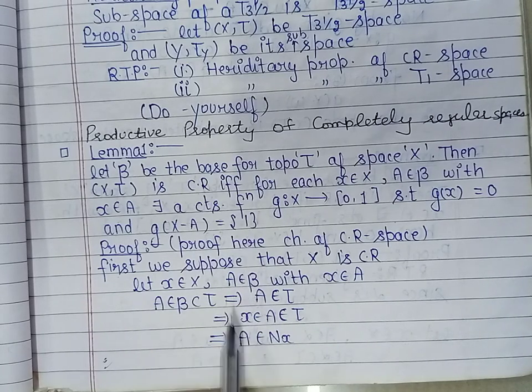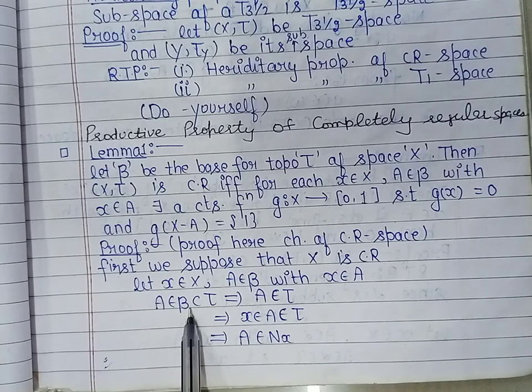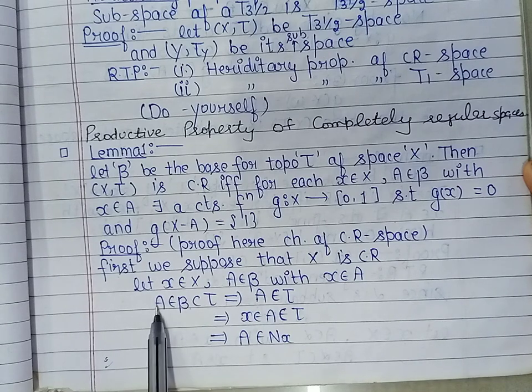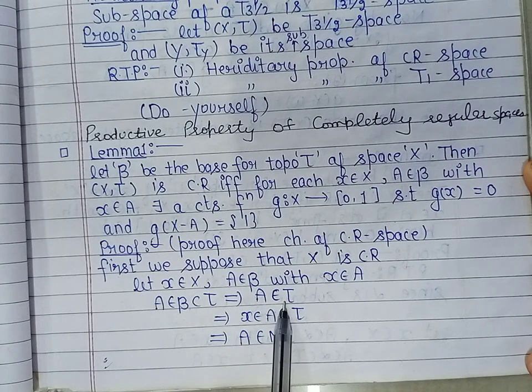Now because A belongs to the base β and β is a subcollection of the topology top, therefore we can say that A belongs to the topology.